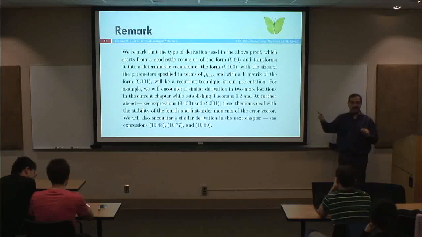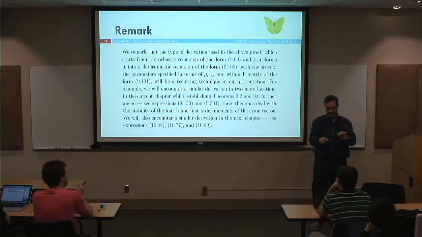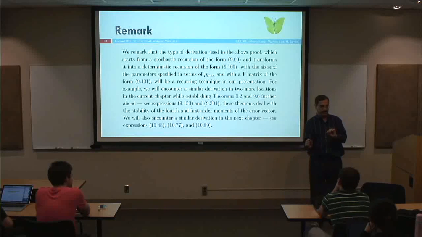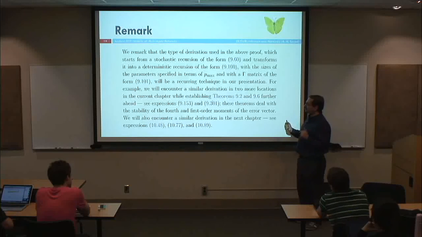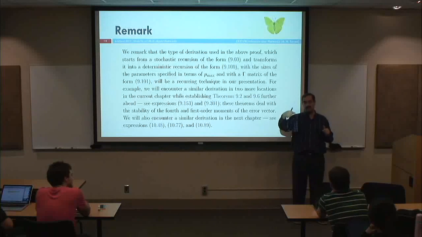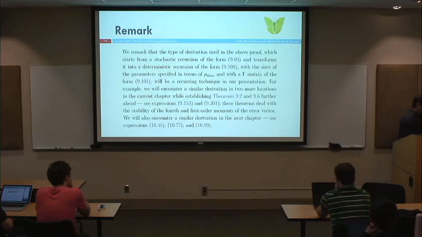To get to the performance analysis, I'm not only interested in telling you that it's getting there, but I'm also interested in telling you how close it gets to that star. To get there, I will need to show that the network is also stable, that the fourth order moment of the error vector is also stable.